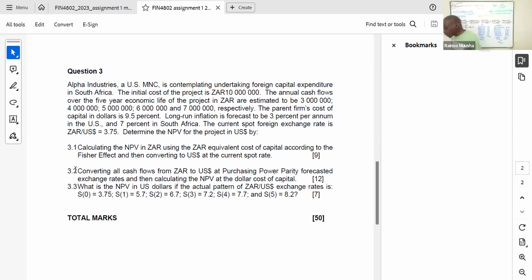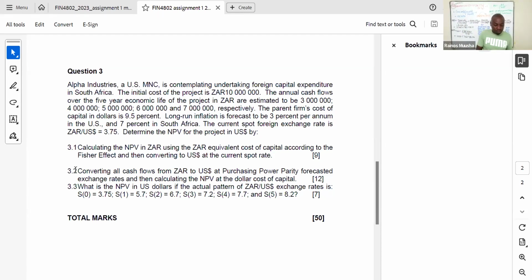How much did you get for question 3.2? How much were you allocated? Because the lecturer used a direct method where he basically mashes everything up together in one calculation. What we did was, our first step was to find the estimated exchange rates. Then from the exchange rates, we determined the cash flows. Then after the cash flows, that's when we looked at the net present value.